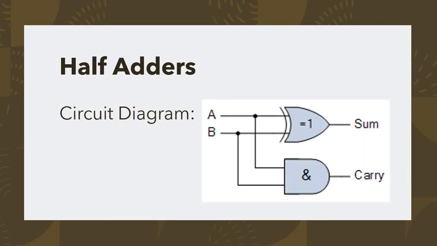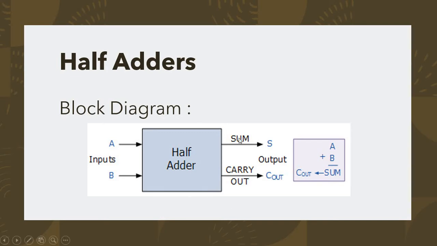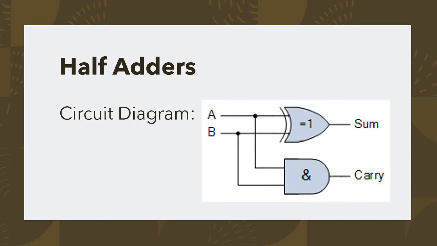Here you have this block diagram. So what is the circuit inside your half adder? This is only a box, a representation of the half adder, but inside this box is the circuit. This is the equivalent circuit. As mentioned earlier, the adder is basically made up of an XOR gate and an AND gate.